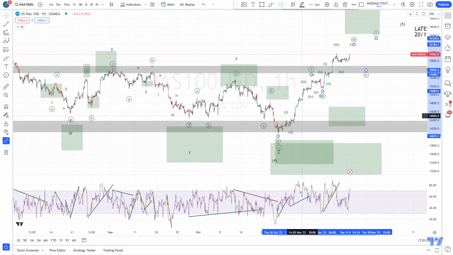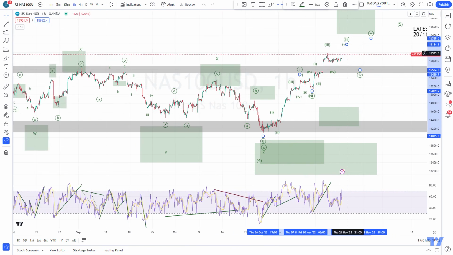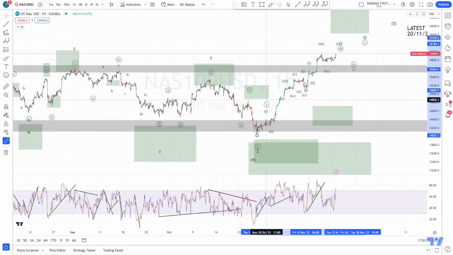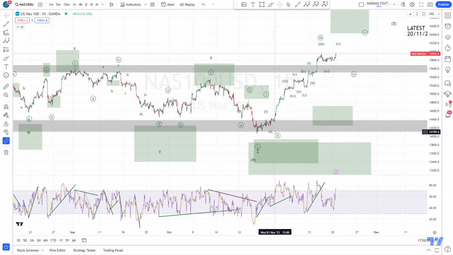So I would say still more upside, but if we took out the wave 3 high, maybe there is a chance to interpret this wave count like something like this. It would not be my favorite count, definitely not, but I can imagine that another Elliott Wave analyst comes up with something like this.